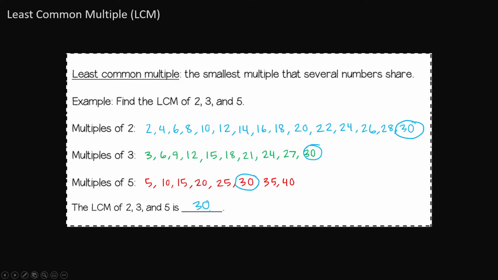What this least common multiple is going to be useful for us is when we have an equation with fractions, we can multiply all of the fractions by the least common multiple of their denominators. So let's check out how that works and how that can make solving equations a lot easier for us.